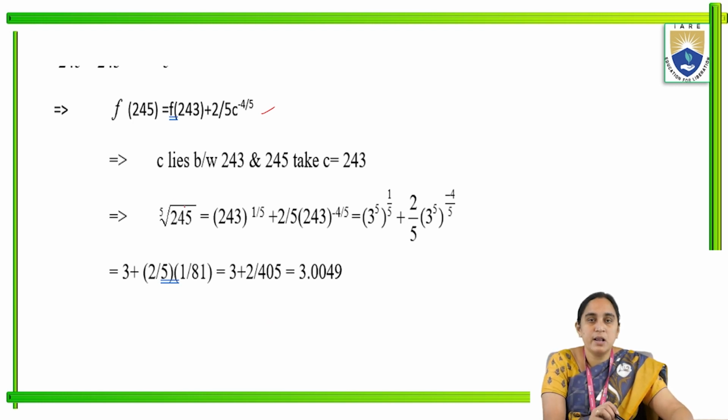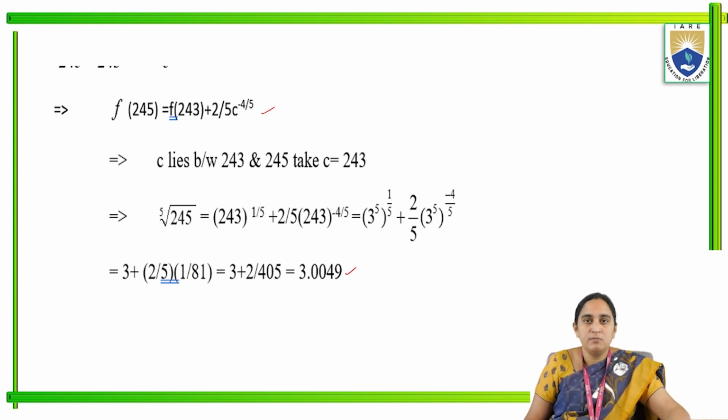From that simplification, the fifth root of 245 value is 3.0049. This is the concept for the fifth root of any value, or cube root or whatever it is.